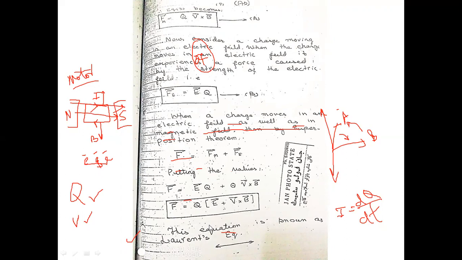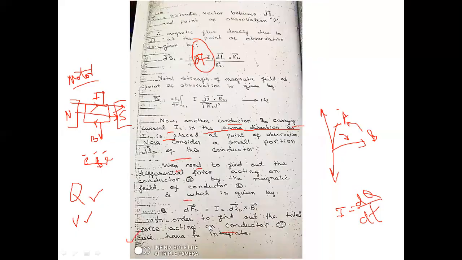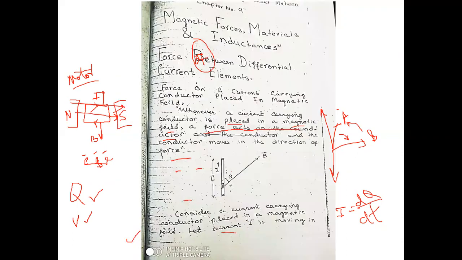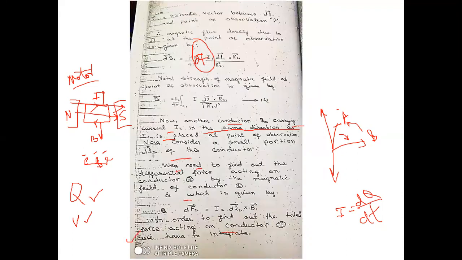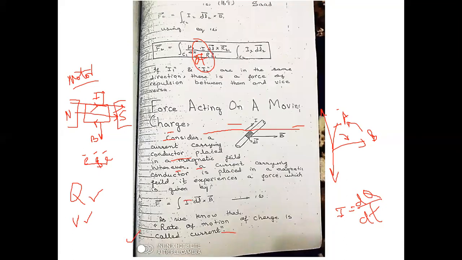So we have discussed two topics in this lecture: the magnetic force experienced by a current carrying conductor in a magnetic field, and the force between two current carrying conductors, just like this. Then the force acting on a moving charge.